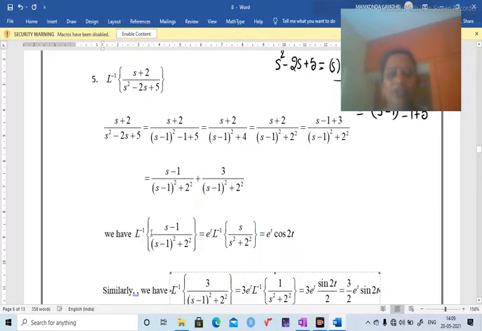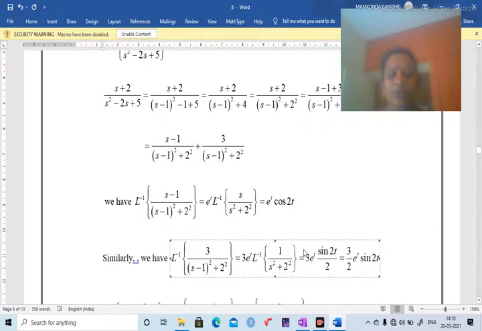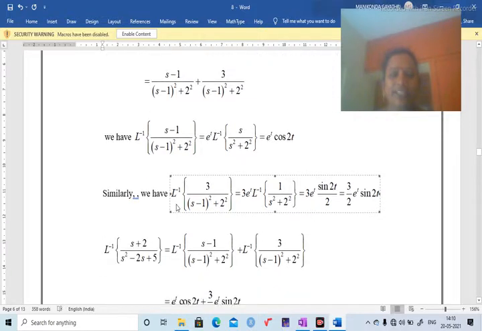So, now I am going to find out L inverse of each term separately. Here observe s minus 1, s minus 1, that's why e power t, L inverse of s by s square plus 2 square. This is the value of cos 2t. Similarly, L inverse of 3 by (s minus 1) whole square plus 2 square.